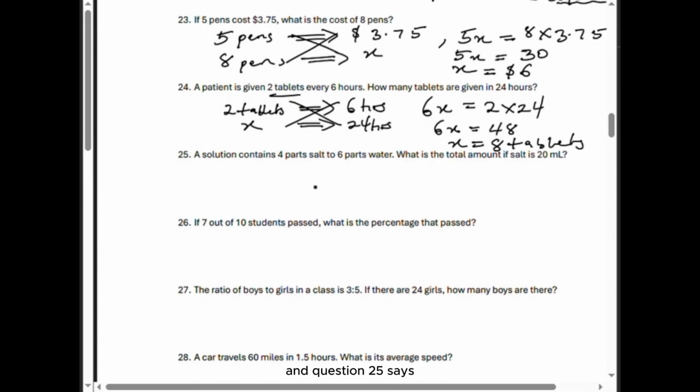And question 25 says a solution contains 4 parts salt to 6 parts water. What is the total amount if salt is 20 milliliter? So you're gonna write 4 parts for salt.